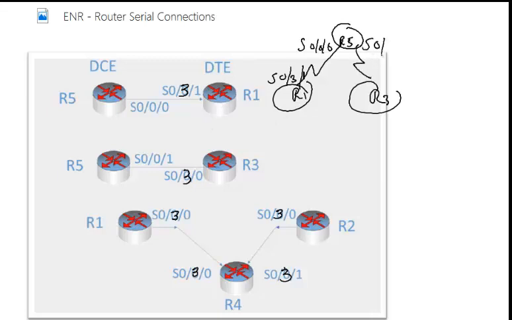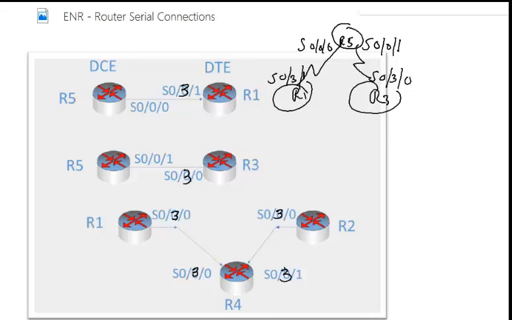Serial 0/0/1 on R5 has been connected to serial 0/3/1 on R3. The same way there are connections from R1 to R4 and R4 to R2.